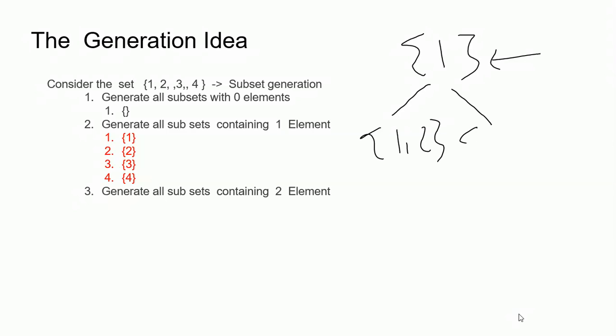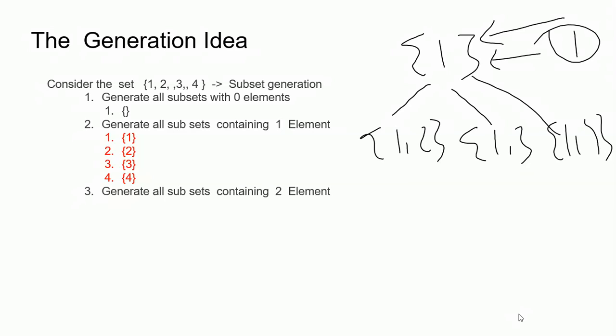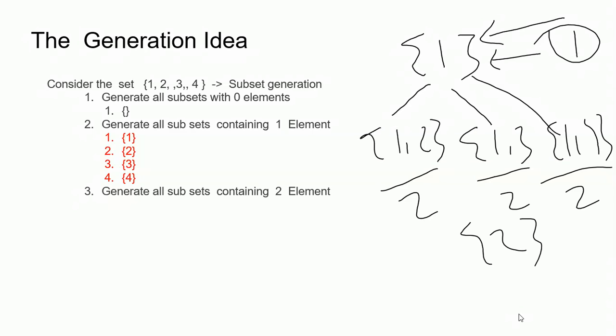If I add 3, I get 1, 3. If I add 4, I get 1, 4. Again, going back to the principle, I am using subsets containing 1 element to generate all the subsets containing 2 elements. The same can be done for 2. Similarly, 2 would generate the subsets 2, 3 and 2, 4.